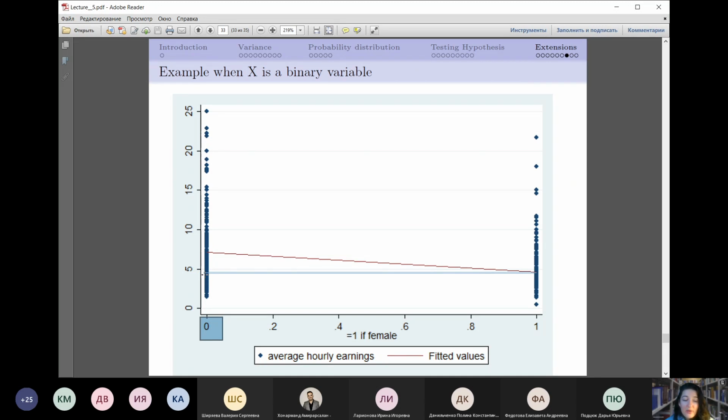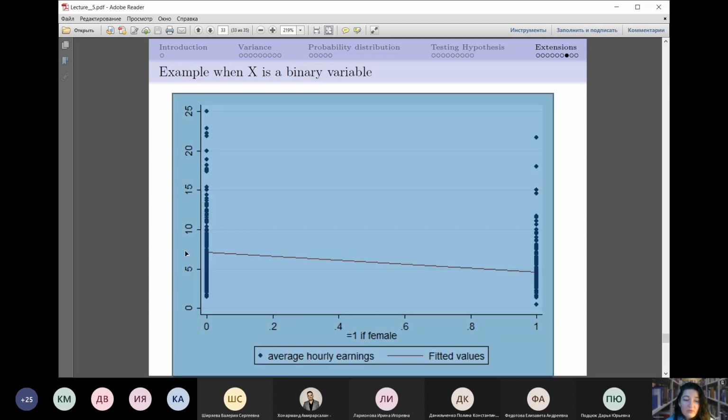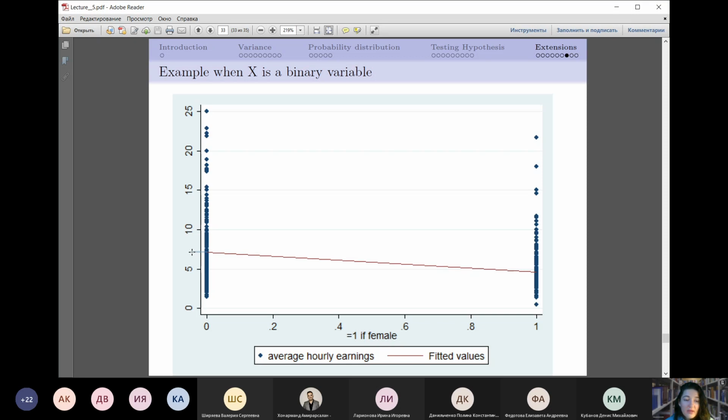And if we compare with the predicted value, predicted because we fit a regression line here, the predicted value for males is around 7. So our preliminary conclusion from this graph is that we see a statistically significant difference between the level of wage for males and females.